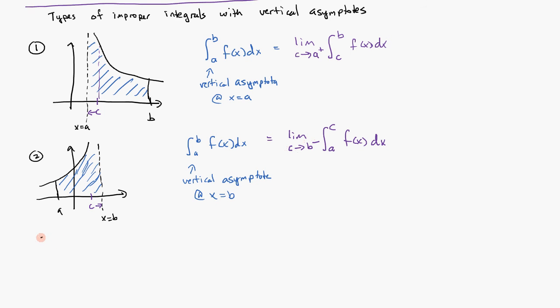The final kind of vertical asymptote: suppose now the vertical asymptote is in the middle of where you want to integrate.